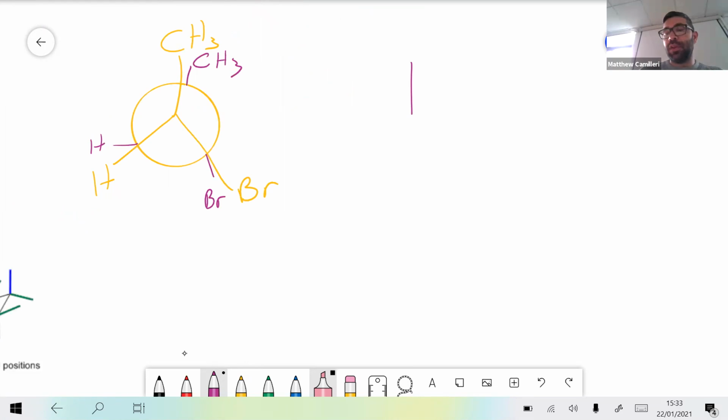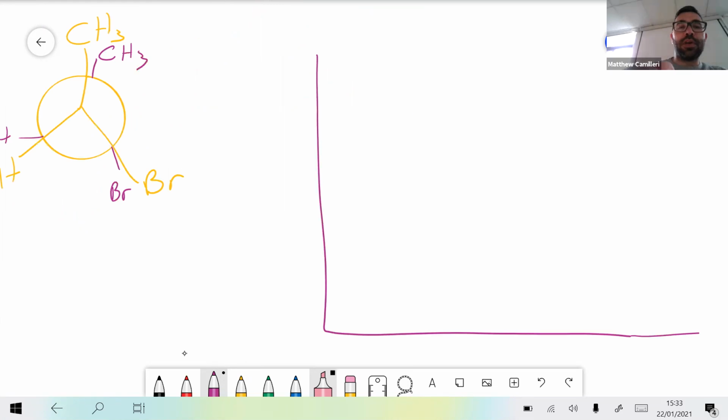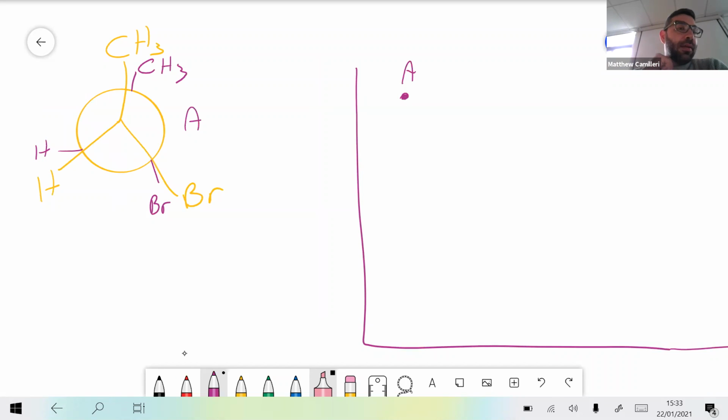I know that if I'm going to plot the graph, I'm going to start somewhere here. Then we can rotate a little bit. Rotate by 60 degrees.